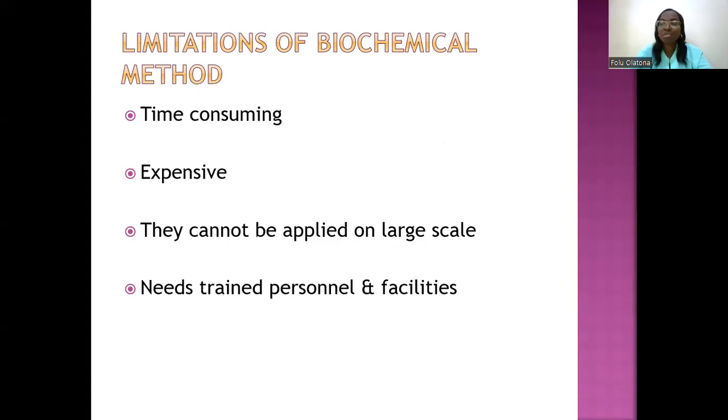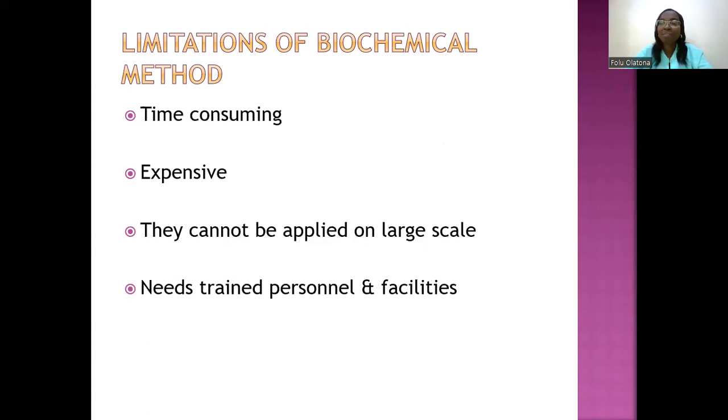It's time consuming. Before you measure, you take the sample to the lab, and it takes a lot of time. It's expensive. You need experts that will take the blood and measure, and they cannot be applied on a large scale.